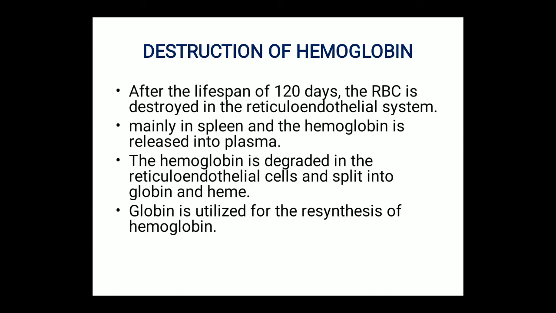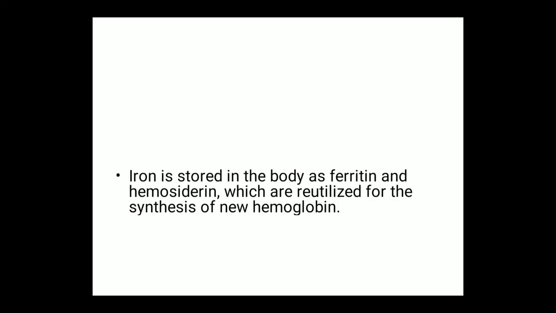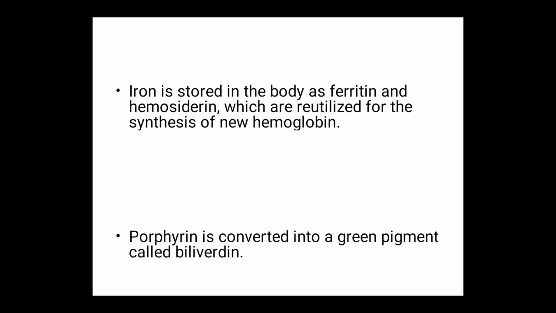Globin is utilized for the resynthesis of hemoglobin. Heme is degraded into iron and porphyrin. Iron is stored in the body as ferritin and hemosiderin, which are reutilized for the synthesis of new hemoglobin.